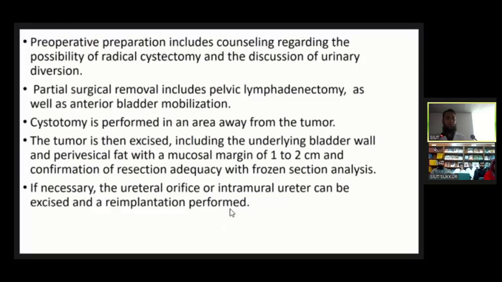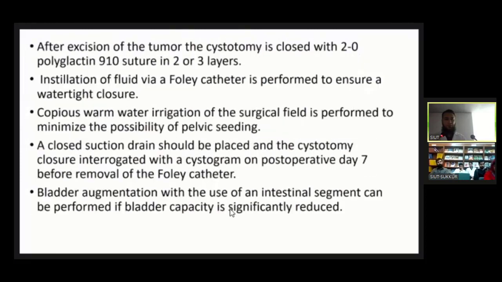The major point is that the cystectomy is performed at an area away from the tumor, including the underlying bladder wall and perivesical fat, with a mucosal margin of 1 to 2 centimeters, confirming adequate resection with frozen section. If necessary, the urethral orifice and intramural urethra can be excised and reimplanted.